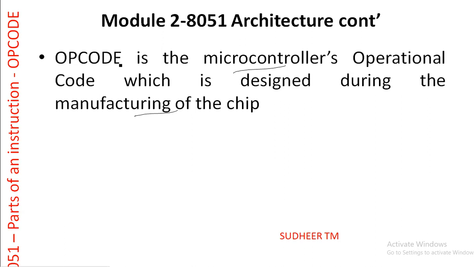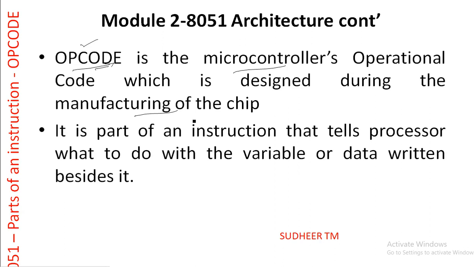The first part is called the opcode, meaning operation code. That is provided by the manufacturer who designs the microcontroller. No one can introduce a new instruction opcode to the microcontroller. The provider supplies the instruction code for that microcontroller.